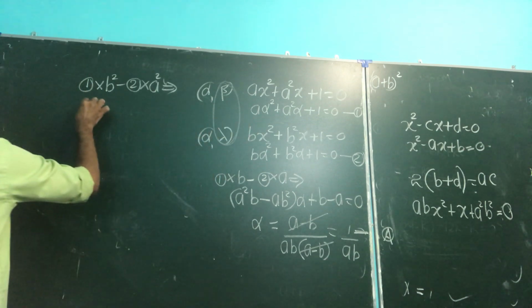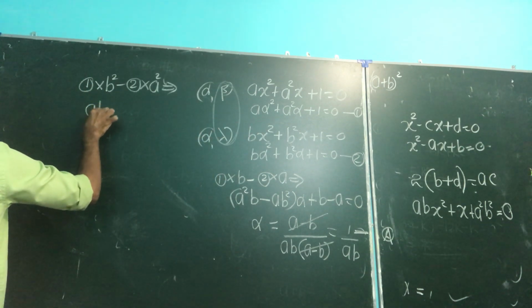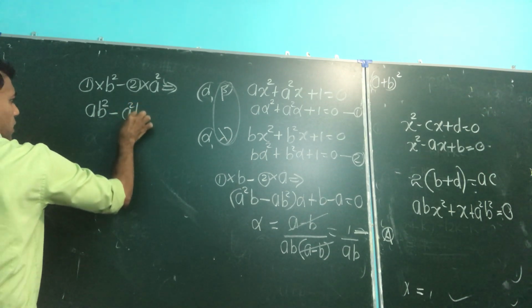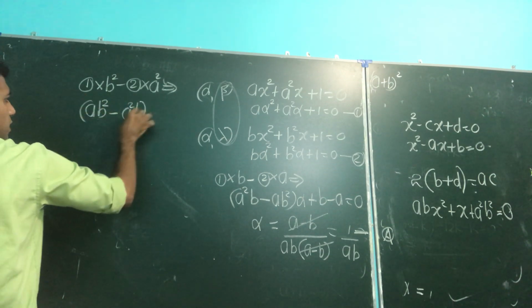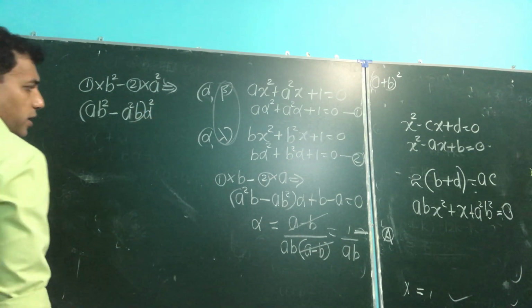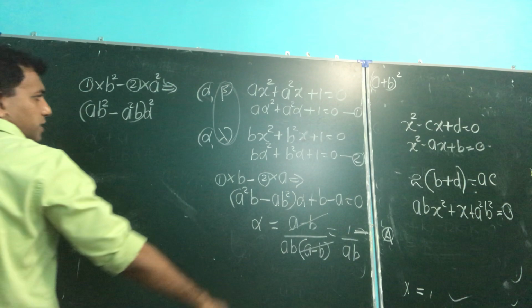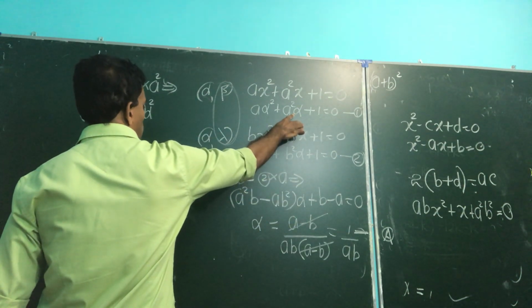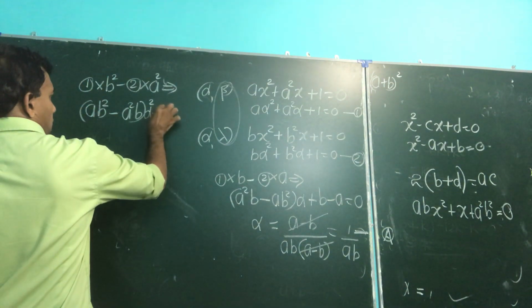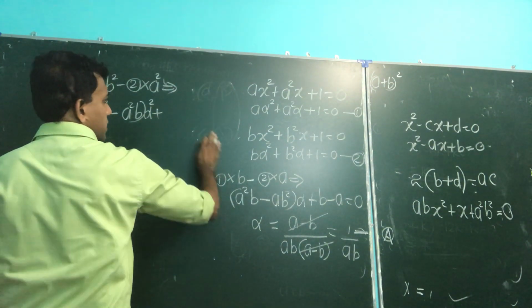This is ab square minus a square b into alpha square. So in this case a square b square minus a square b square cancel, right? And plus what? Plus the other side what?